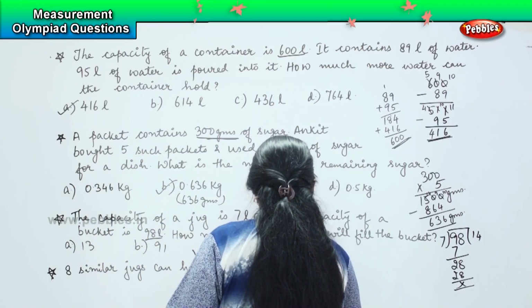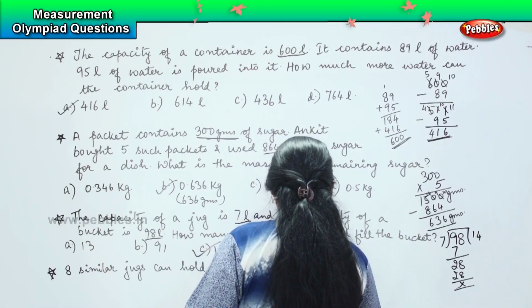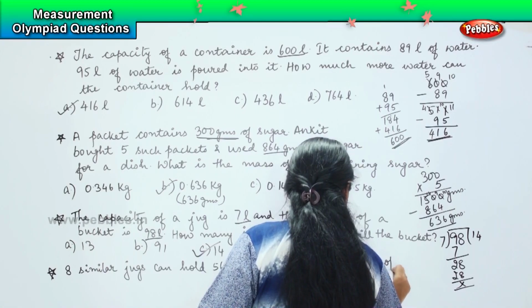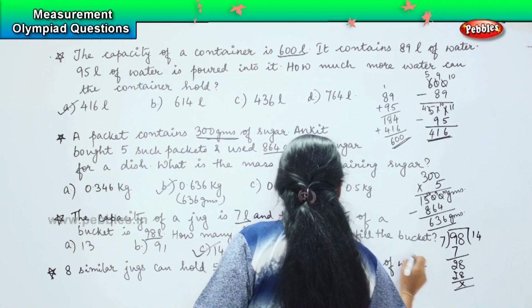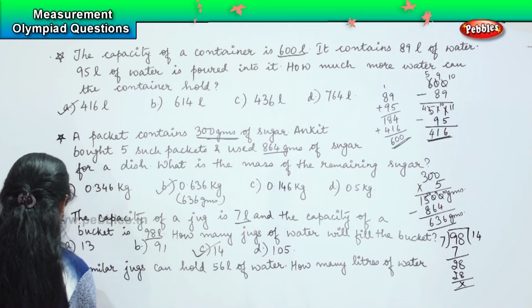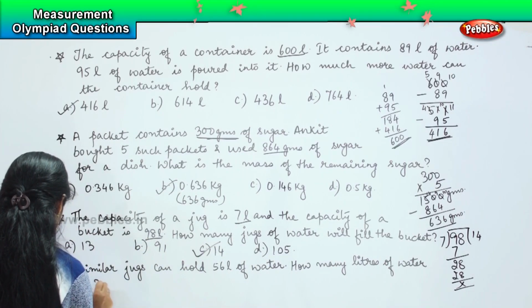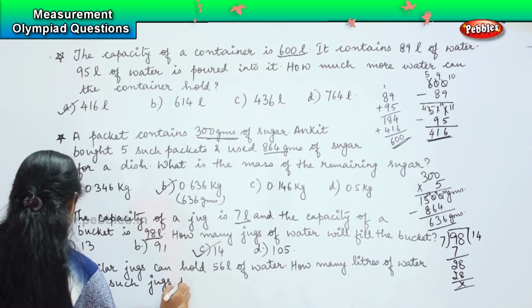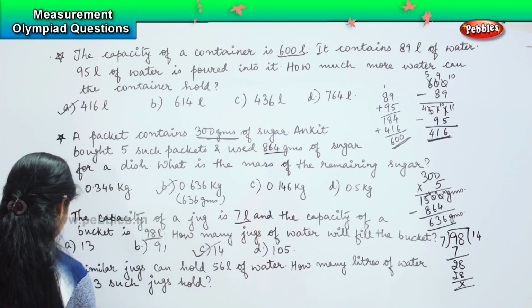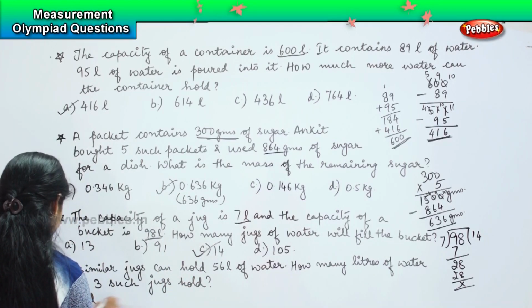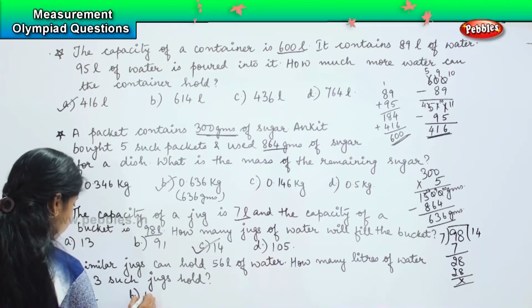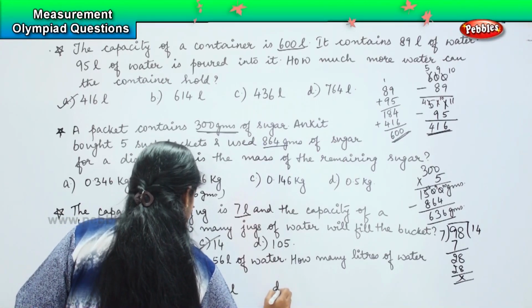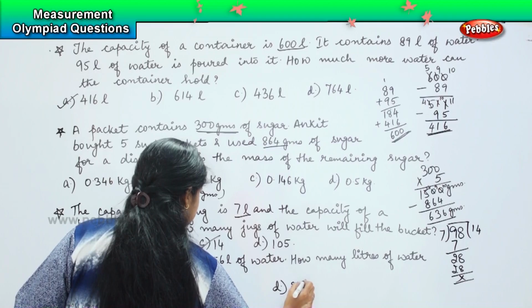How many liters of water can 3 such jugs hold? The options are A: 4 liters, B: 10 liters, C: 7 liters, and D: 21 liters.